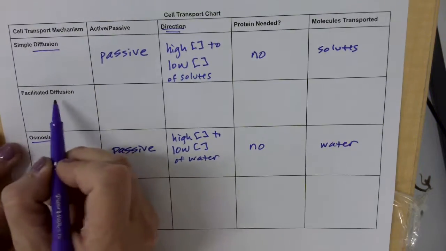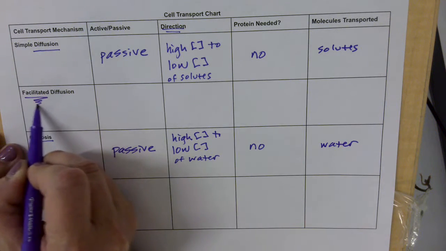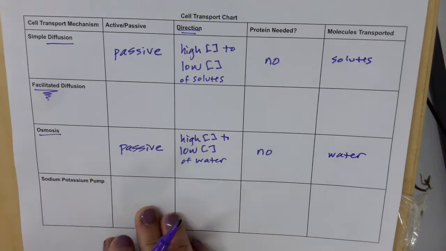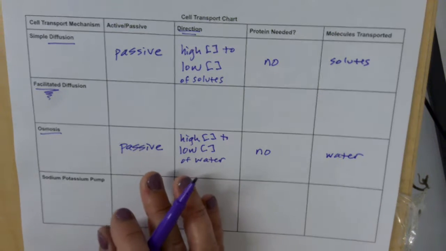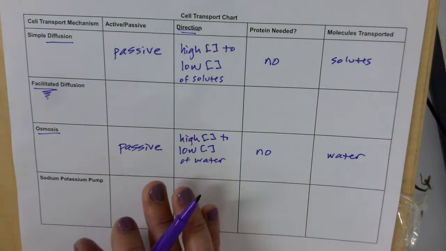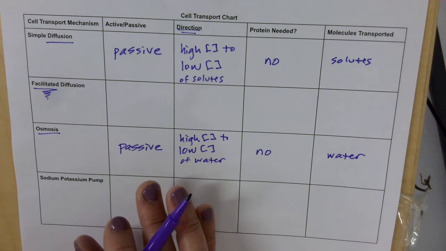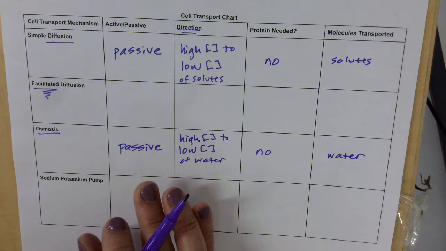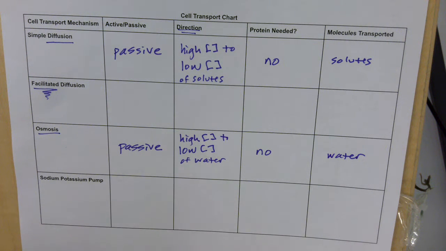Now there's another kind of diffusion, but it's called facilitated diffusion. And I did this in class where I modeled myself as like a glucose molecule trying to get through the doorway, if you remember. And I couldn't get through the doorway because I had all those flags on me and I was really big and wonky. And so then I was able to get through into the classroom through the garage door, which we modeled as the channel protein.